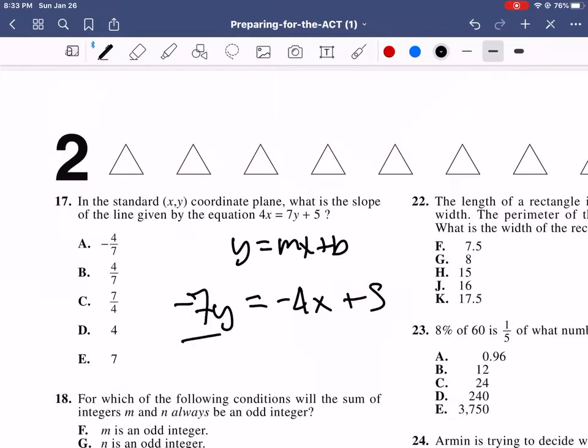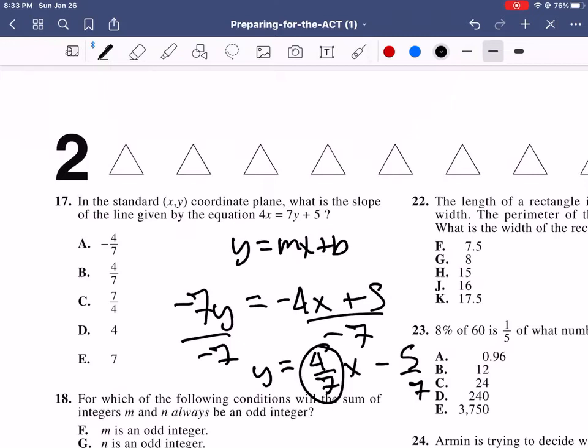And then that's when I divide by negative 7. And you get y equals 4 over 7 x minus 5 over 7. So this is the answer because you're looking for m right here. 4 over 7 is B.